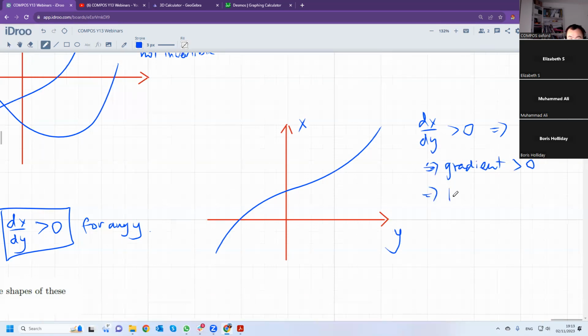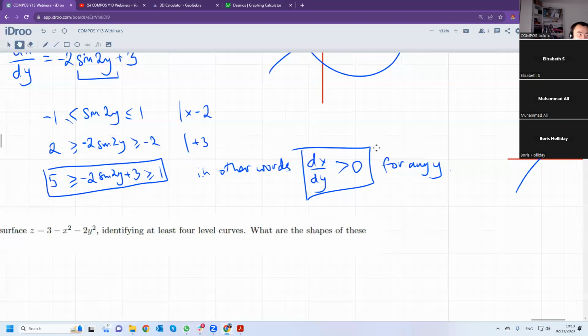That means it is a one-to-one function. Therefore, it has an inverse. Okay, so we've shown that it has an inverse.